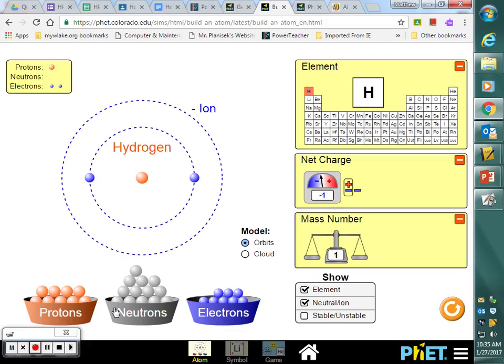What has to be true in order for something to be an ion? It has to have a different number of protons and electrons, right? If it has more electrons than protons, what kind of ion is it? It's a negative ion, right? Net charge, -1. There are 2 negatives, but only 1 positive in that section. If it has more protons than electrons, it's a positive ion.